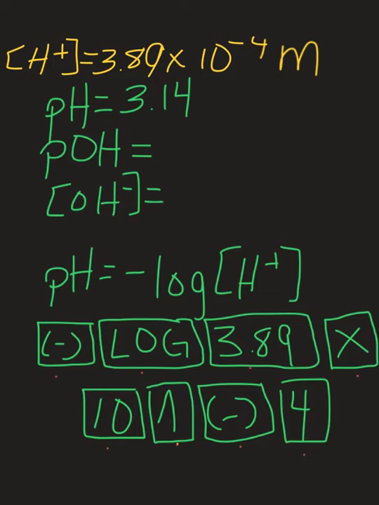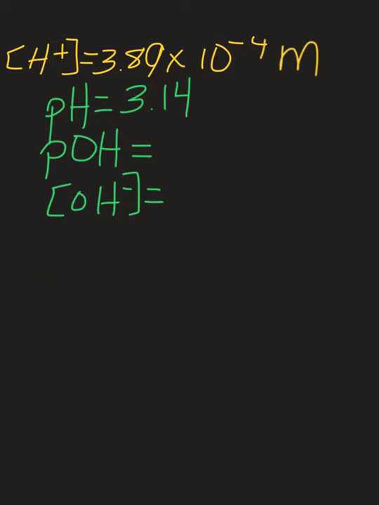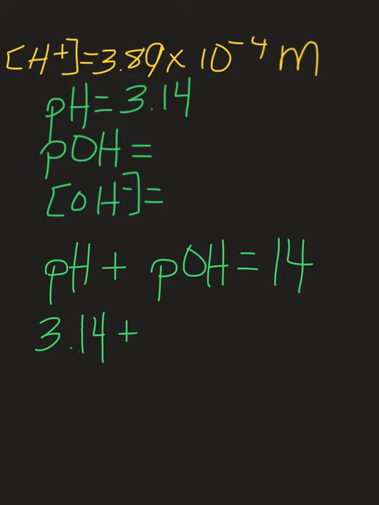That's our pH. Now we want pOH from that, okay? Remember, when we add up pH and pOH together, what should we get? We should get 14. So now we have pH, 3.14.